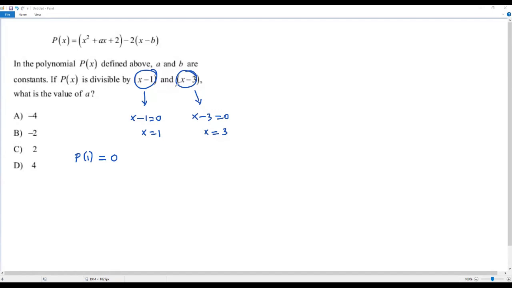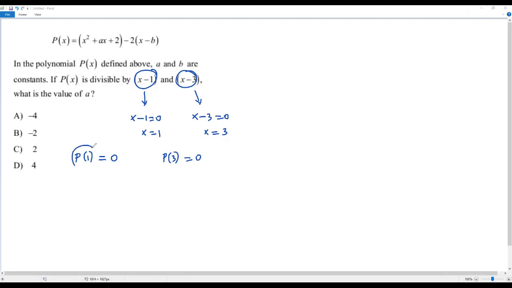Okay, the same thing we can do for the other divisor, x minus 3. When P of x is divided by x minus 3, to get the remainder, we have to plug in the value 3 for x over here. Then P of 3 represents the remainder when P of x is divided by x minus 3. And since P of x is divisible by x minus 3, the remainder must be equal to 0.